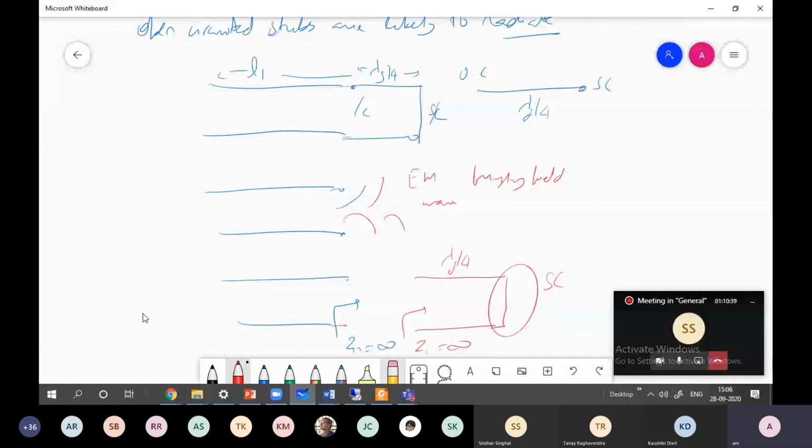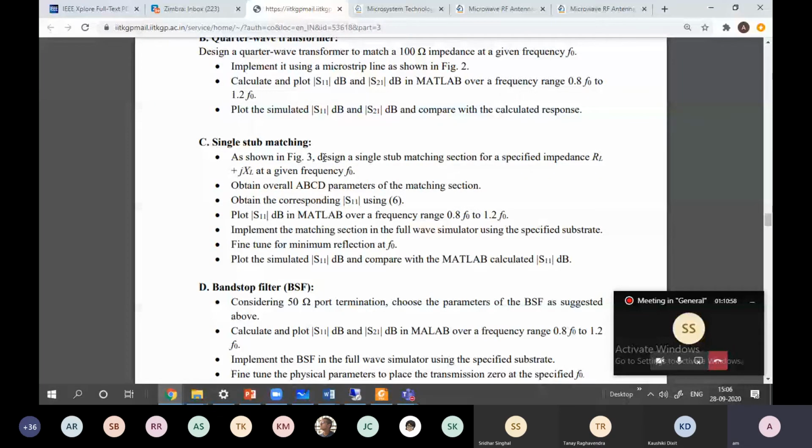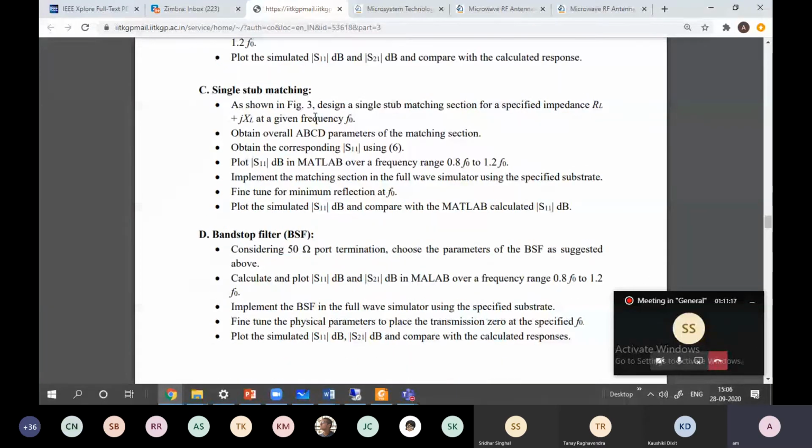As it was asked, design a single stub matching section for the load impedance RL plus jXL at a given frequency F0. Obtain the ABCD parameters of the matching section. First we have to specify the load impedance.